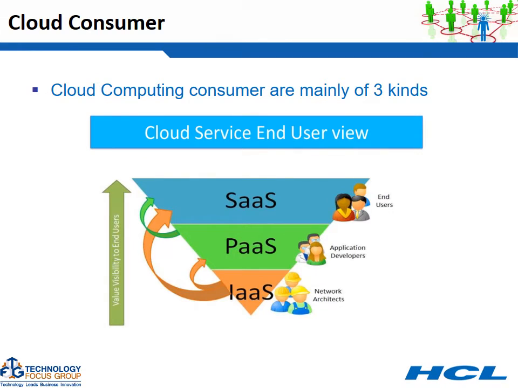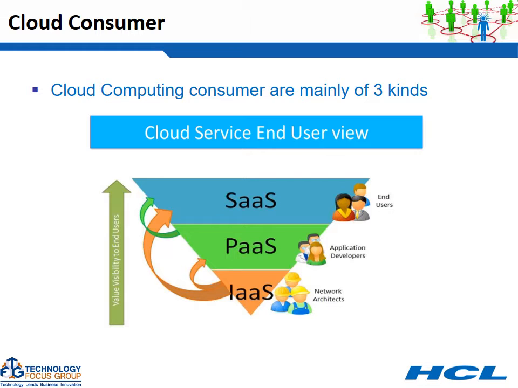What kind of people are using these services? The users can be categorized majorly into three kinds. First are the infrastructure and network architects. These are the people who create servers, manage them, and manage the network connections in data centers. These people are the main consumers for the IaaS services. Second are the application developers.